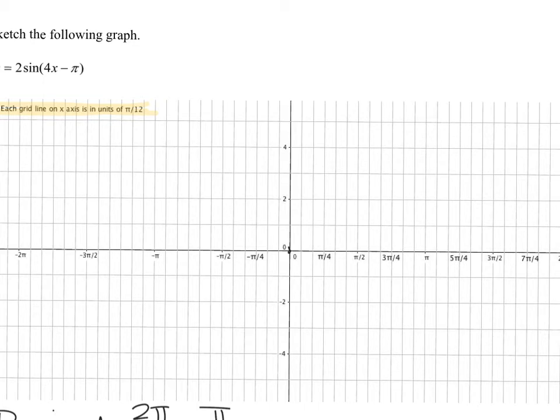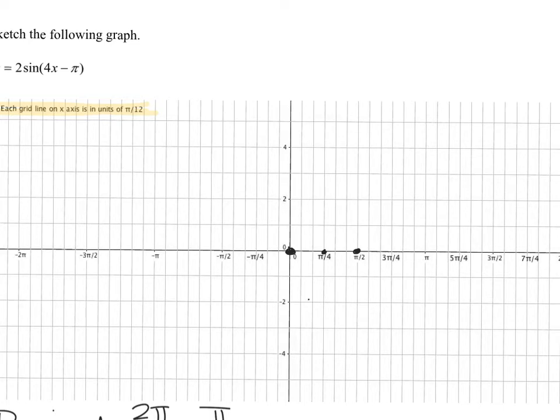So I can plot the point 0, 0. We can go ahead and start with pi over 4 and pi over 2 since they're on our graph, 0 and 0. So now we just have to figure out where pi over 8 and 3 pi over 8 are. Well, the nice thing for us is that pi over 8 is exactly halfway between 0 and pi over 4. So we know at the halfway mark, we're going to be at negative 2.